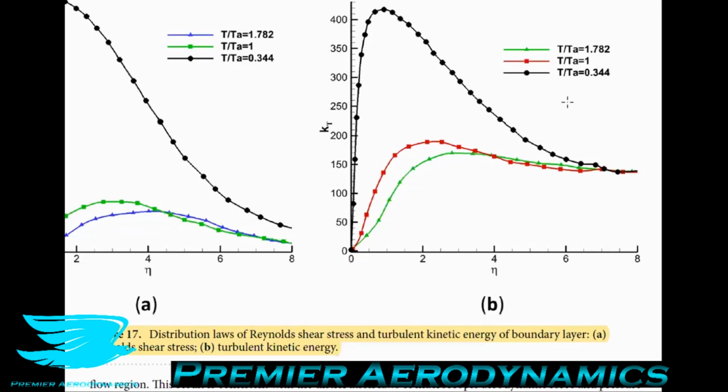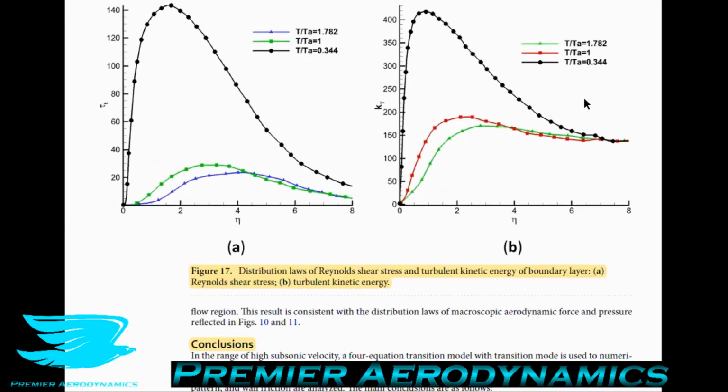So they have, let me zoom out here so you can see, figure 17, which shows the distribution laws of the Reynolds shear stress and the turbulent kinetic energy of the boundary layer. In A, there's the Reynolds shear stress, and B, they have the turbulent kinetic energy for different etas. And they say that the high wall temperature reduces the Reynolds shear stress and turbulent kinetic energy in the boundary layer.